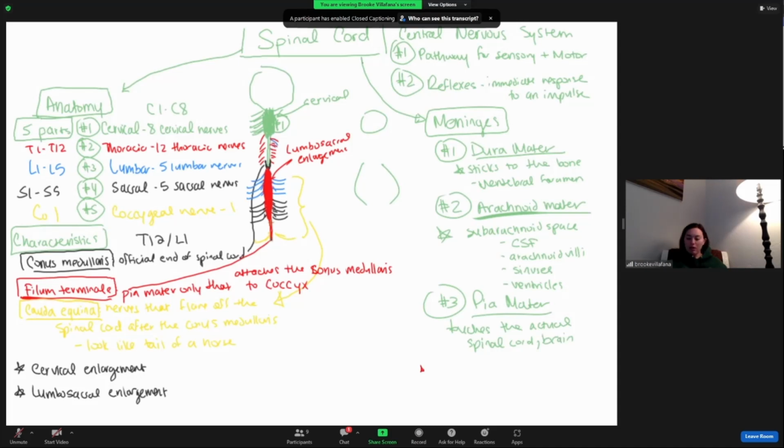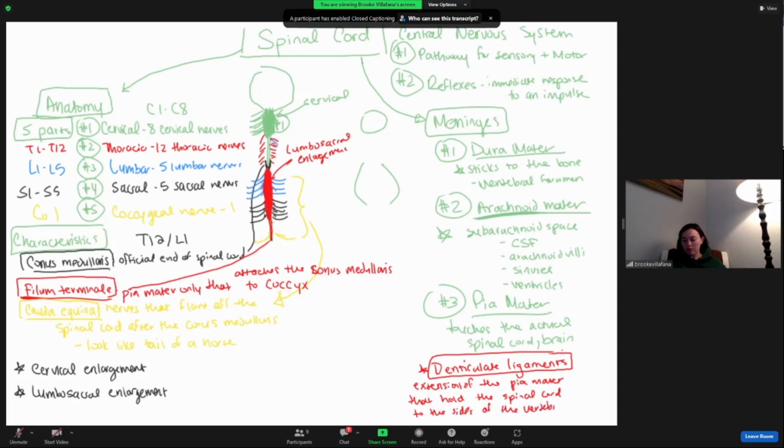And then here, I'll draw it in red. This is a new term for you guys when it comes specifically to the spinal cord. They're called denticulate ligaments. They are extensions of the pia mater that hold the spinal cord to the sides of the vertebral foramen.